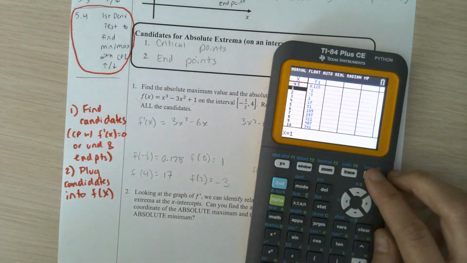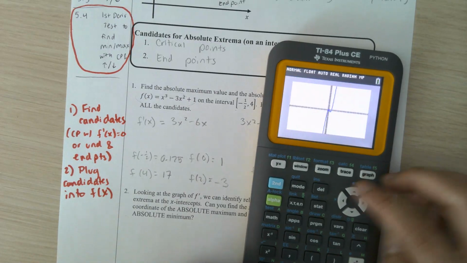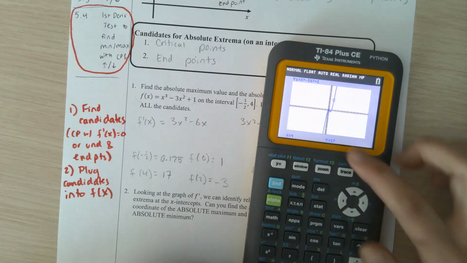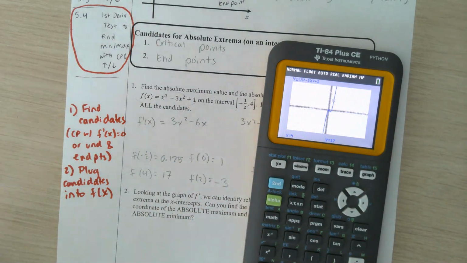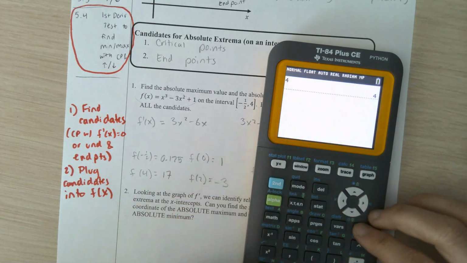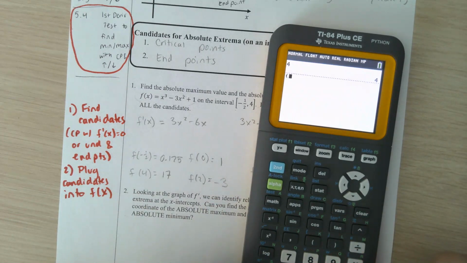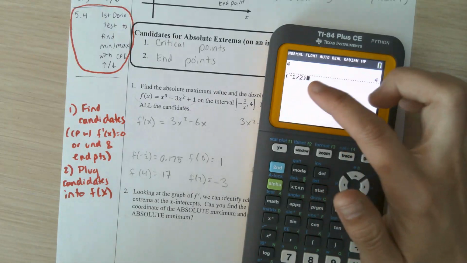You could also do the graph, right? If I did the graph and I typed in 4, whoops, trace 4, it would go to 17. So you could do either. You could do the graph, you could do the table, you could do it algebraically. You just got to be careful with the way that you plug things in, right? If you're going to do the -1/2 in your calculator, you need your parentheses. A lot of you guys keep messing this up because the negative needs to be with the number, right?